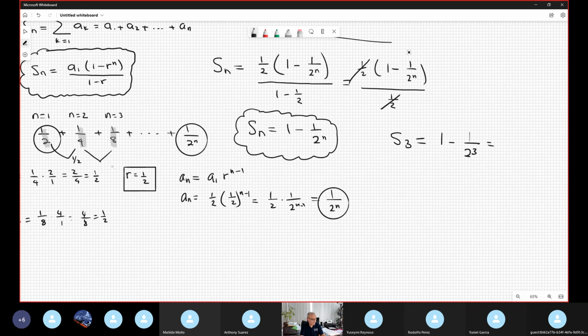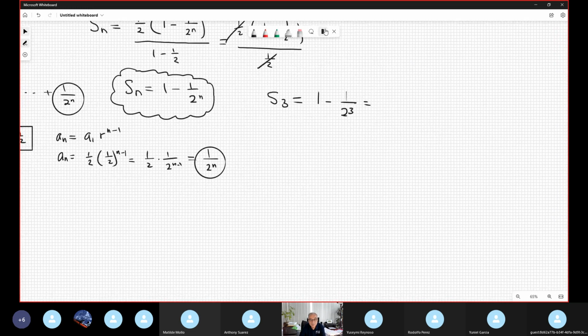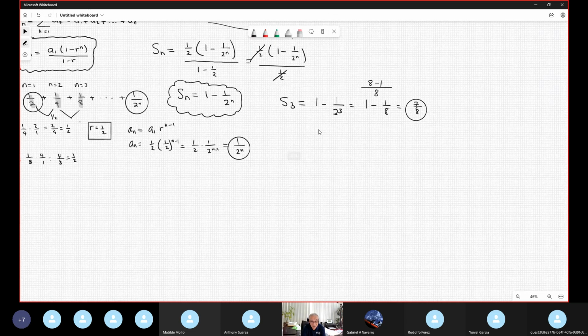So 1 minus 1 over 8, and this is 7 over 8. Because you find the least common denominator, which is 8, so 8 minus 1 is 7 over 8. That is the answer. However, if I do it by hand, it's easy because we have 3 elements. If we have 1000, it's impossible to do it in the traditional way, and you need to go to the formula.